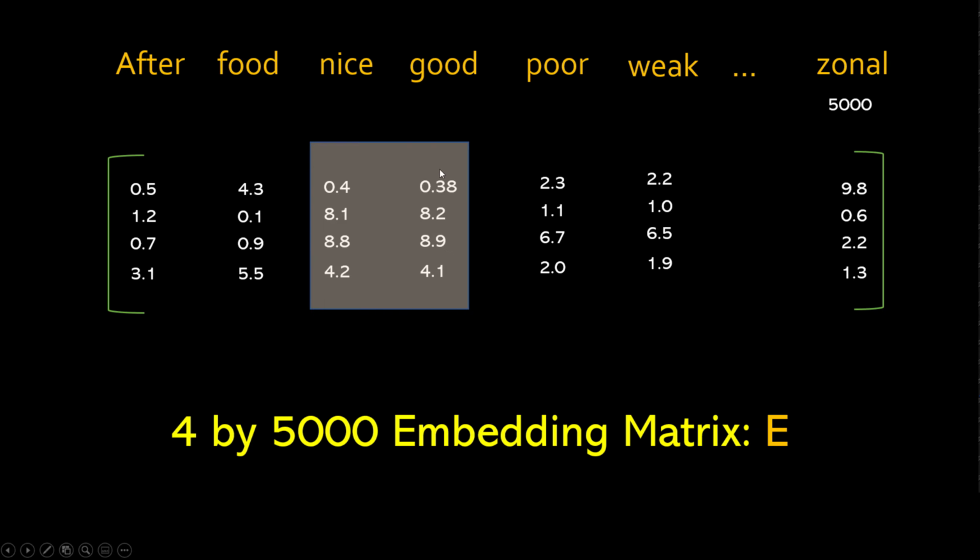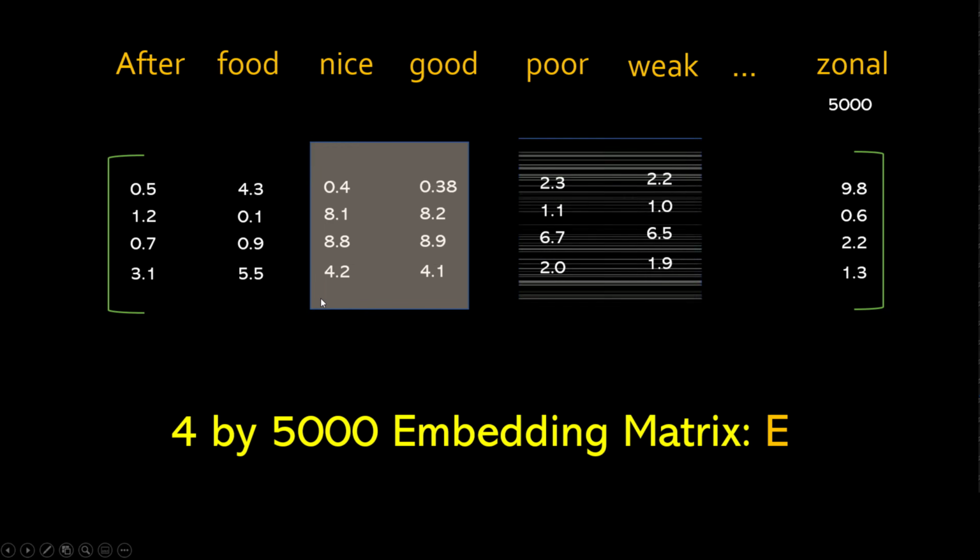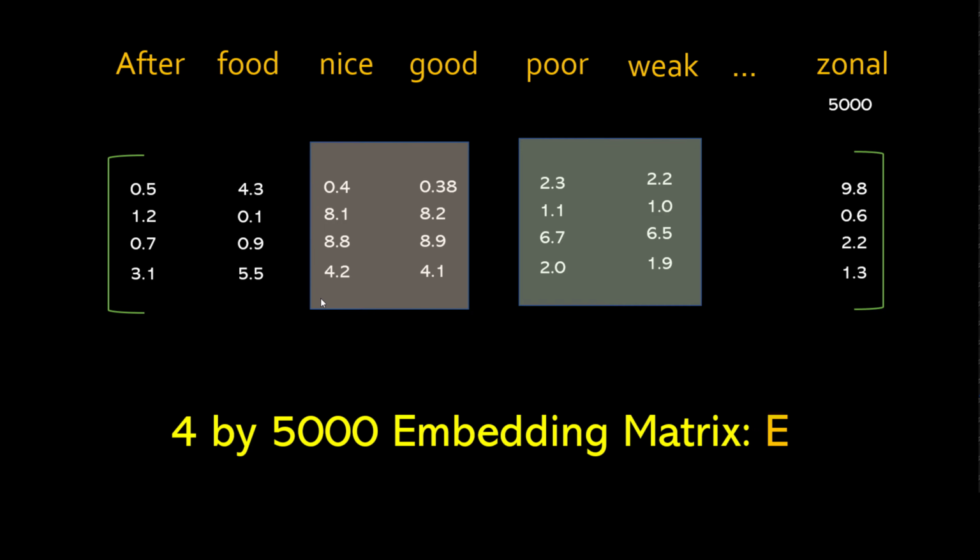So when you compare these two vectors, it will say, yeah, these two words are similar. Similarly, poor and weak are similar, so it will compute the vectors in a way that those numbers are matched, and if you look at the cosine similarity between these two vectors, it will be close. Basically, cosine similarity of 1 means the vectors are close.